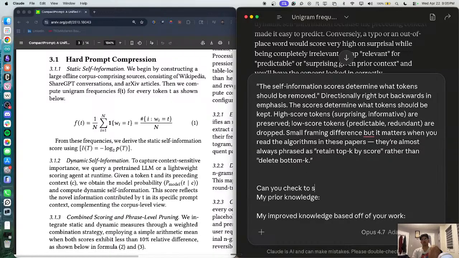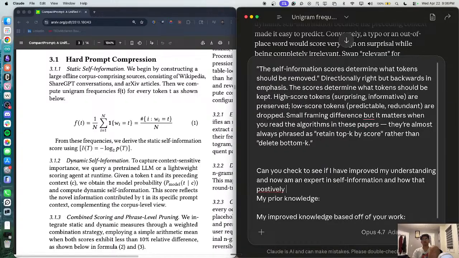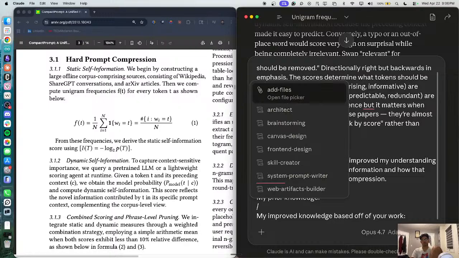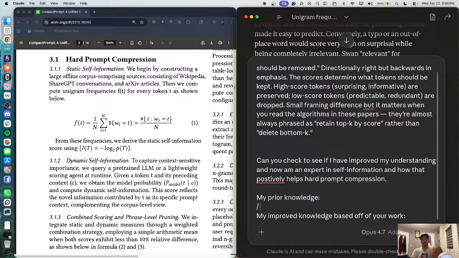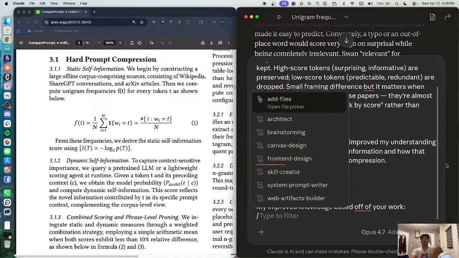Can you check to see if I have improved my understanding and now am an expert in self-information and how that positively helps hard prompt compression? Okay, I'll just add a slash and a slash here.